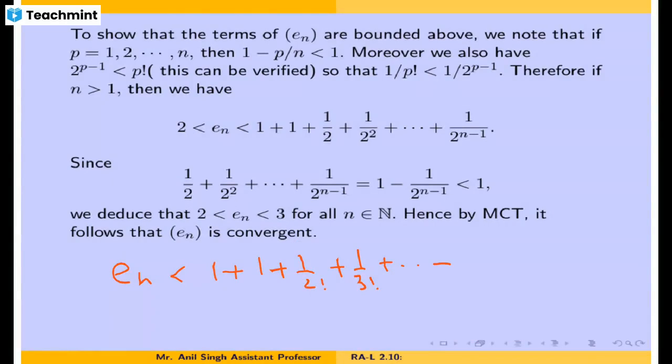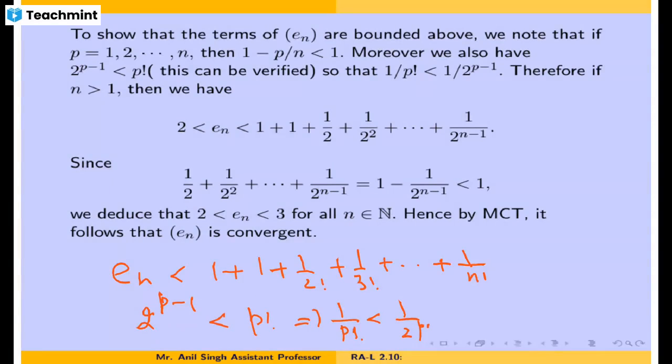But there is a relation between this power and the factorial, and this can be established: 2 to the power p minus 1 is always less than p factorial, so that 1 upon p factorial is less than 1 upon 2 to the power p minus 1.